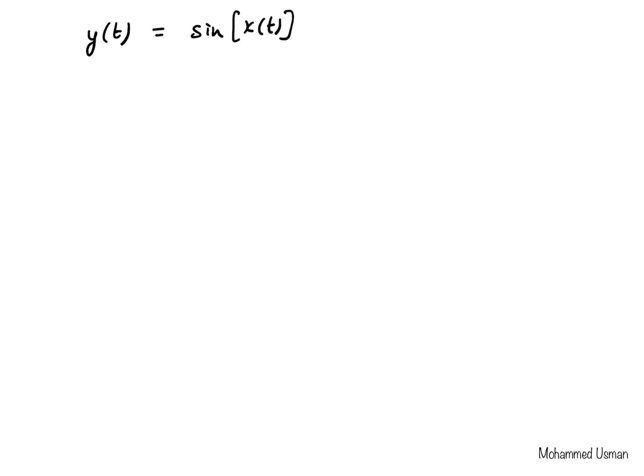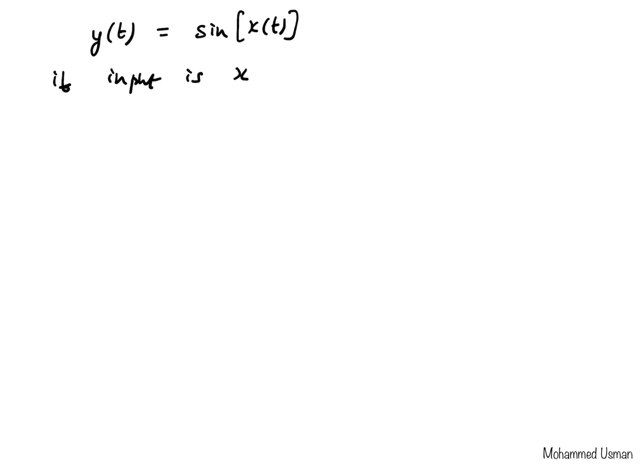So for that, we'll first consider an input signal x1 of t, and denote the corresponding output signal as y1 of t. So we will say that if the input is x1 of t, then the output is y1 of t equals sine of x1 of t.